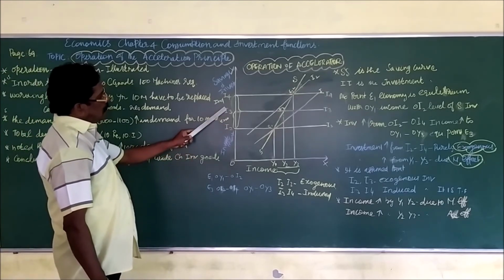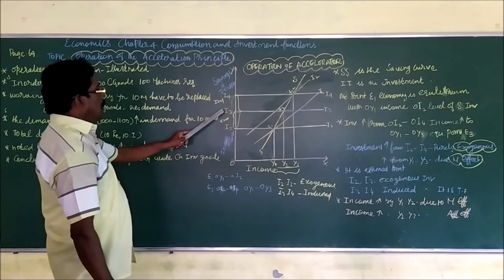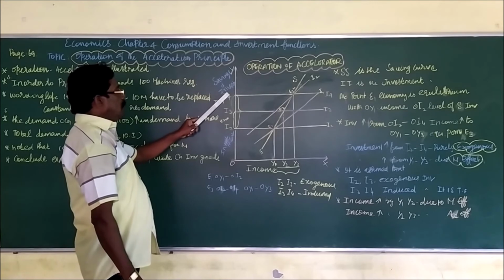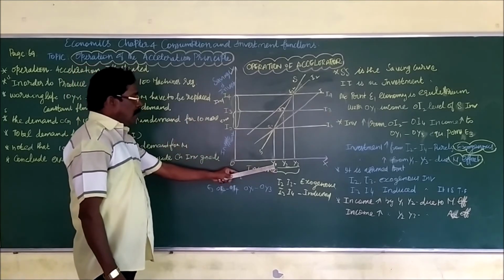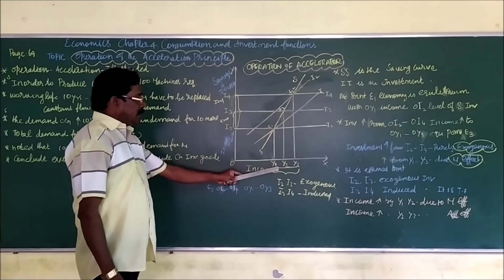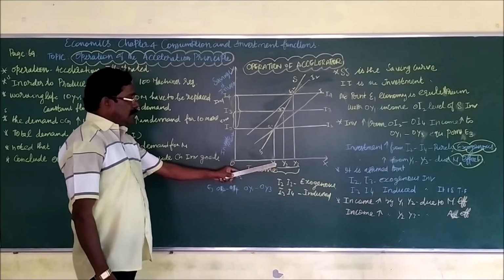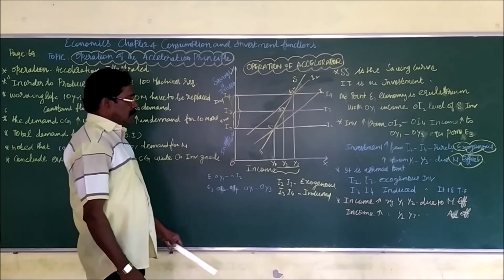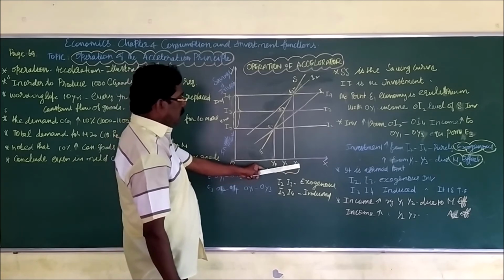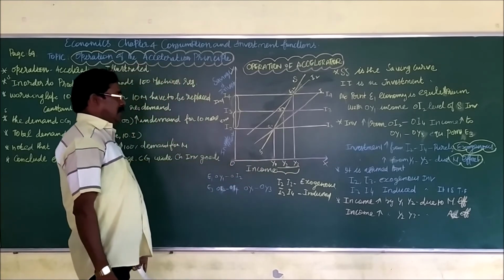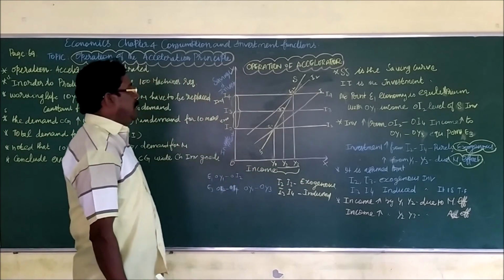I2 to I3 is an exogenous investment and I3 to I4 is an induced investment. I am writing this here, so you should understand very clearly.